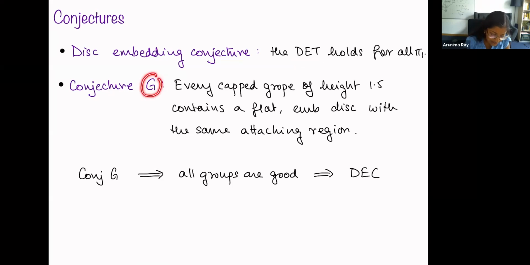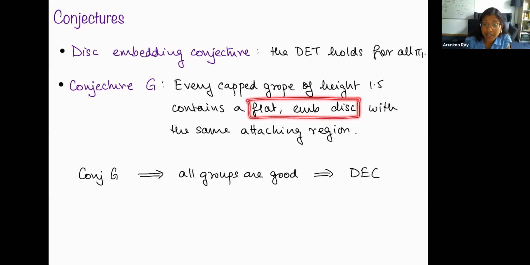And conjecture G, I'm going to give these some letters in the hope that that helps. This says that every capped group of height 1.5 contains a flat embedded disk with the same attaching region. So if you remember, the definition of a good group was, instead of a flat embedded disk, I would have asked for an immersed disk with some sort of property.